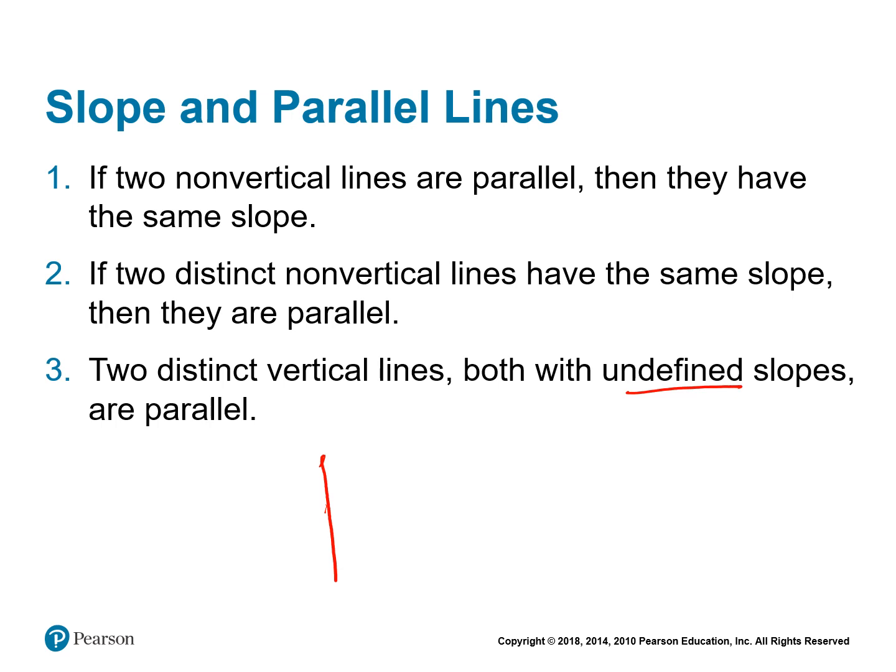But even though their slopes are not defined, if there are two lines with undefined slopes, we can conclude that they are still parallel. All right.